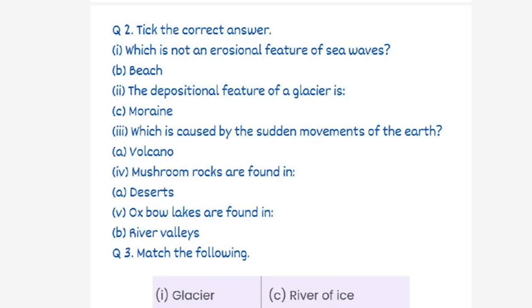Sub-question 2. The depositional feature of a glacier is. Answer is option C, moraine.